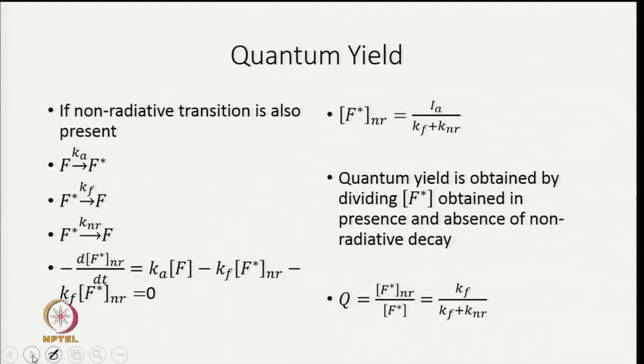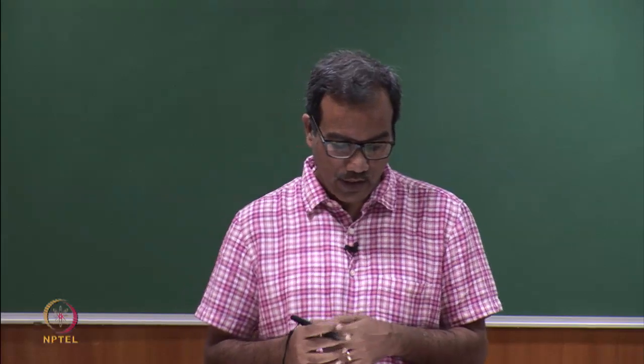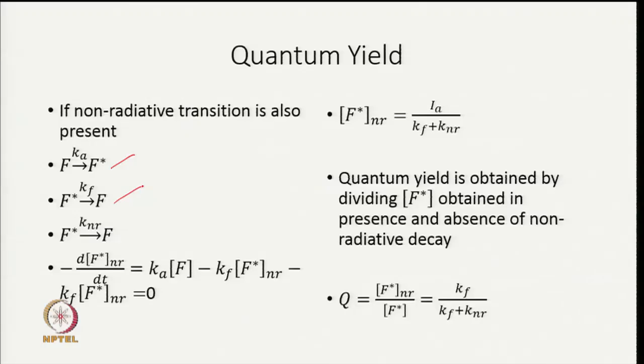Now, let us think of the case where non-radiative transition is also present. Then, apart from these two steps, a third step is also taking place. So, now F star is going to the ground state not only by fluorescence, but also by a non-radiative process. In that case, we can write d F star by dt in the presence of the non-radiative process.